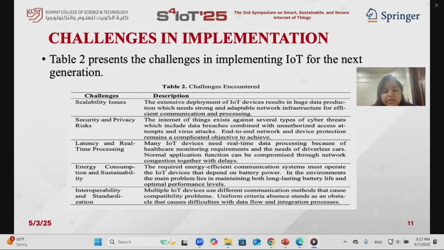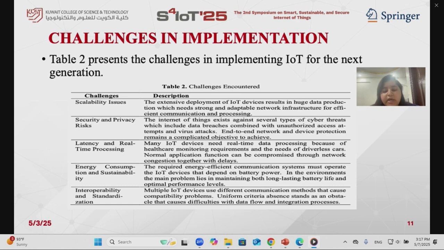The second challenge is security and privacy risk. Basically, the Internet of Things is exposed to several types of cyber threats, which include data breaches combined with unauthorized access, etc. The third one is latency and real-time processing. Many IoT devices need real-time data processing because of healthcare monitoring requirements and the needs of driverless cars. The next challenge is energy consumption and sustainability.